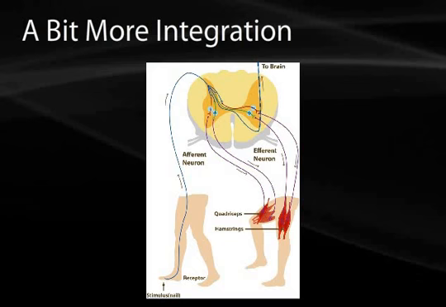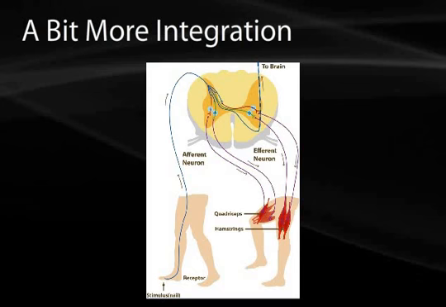So you would activate the hamstrings, for example, to flex the knee, and you would also activate the musculature to flex the hip to allow yourself to escape that noxious stimulus. However, that's not enough. One also has to maintain posture via the extension of the contralateral extremity, and that's done through the crossing fibers that are shown in the diagram of the spinal cord shown on the top right.